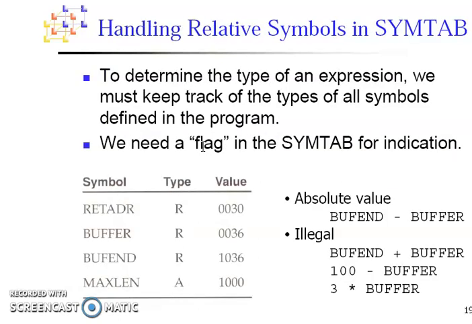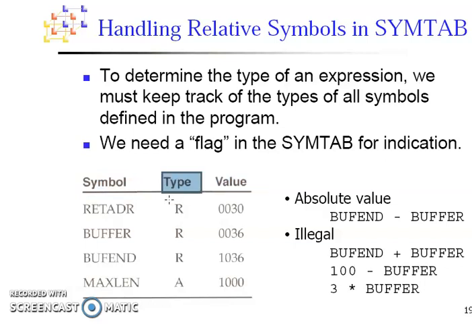Then how are expressions handled? To find the type of an expression, we must first keep track of the types of the symbols being used. So together with the symbol and value of the symbol, as we said earlier, there will be a type also.